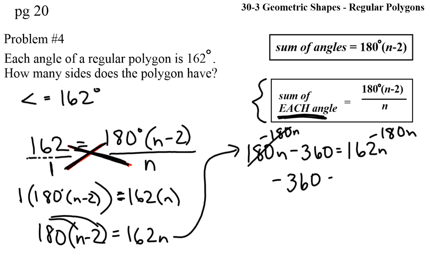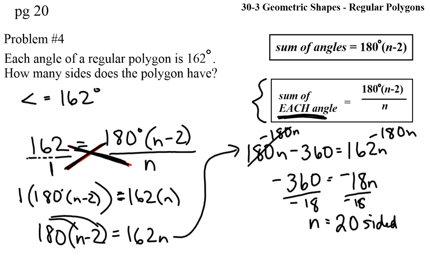We have negative 360 equals negative 18n. When we divide by negative 18, we get n equal to 20. So it's a 20-sided polygon.